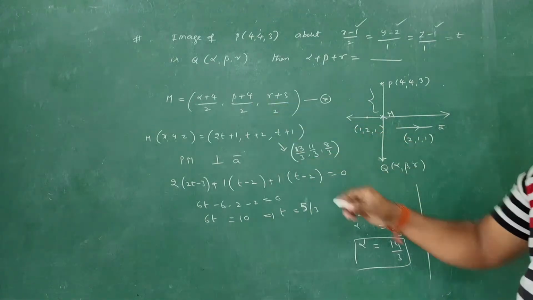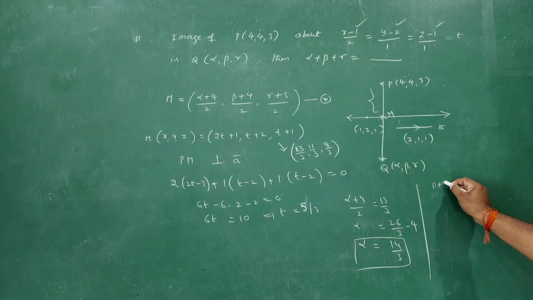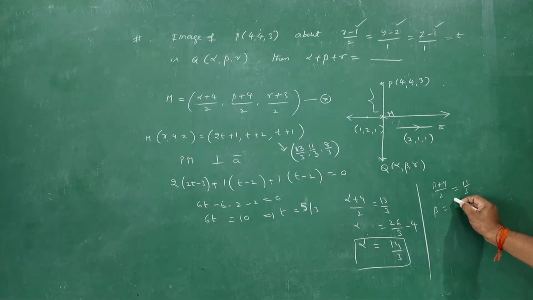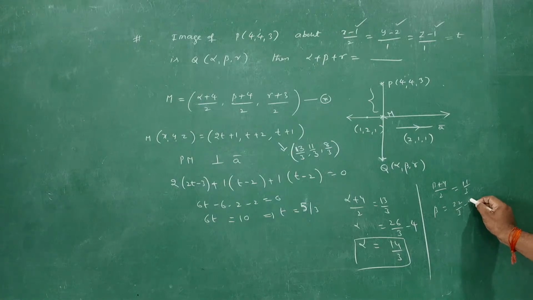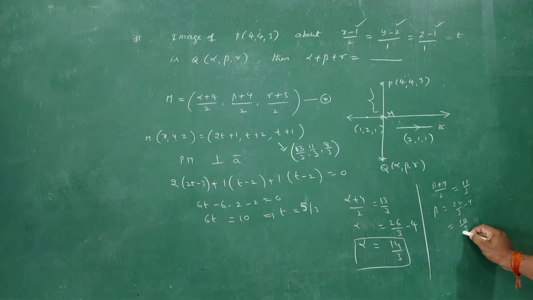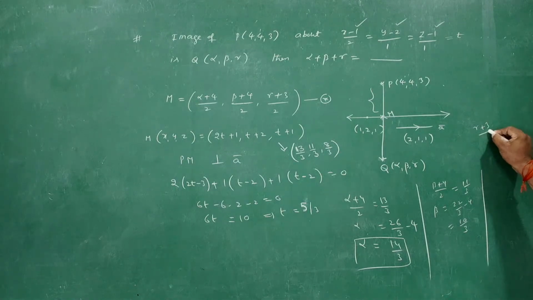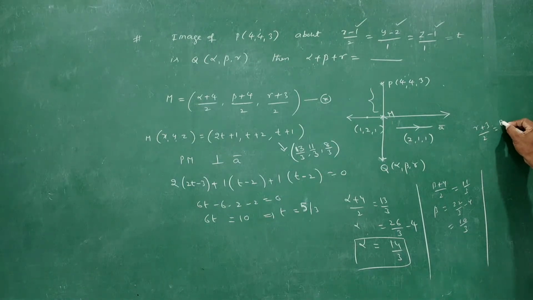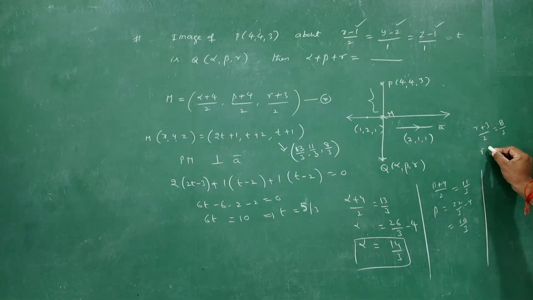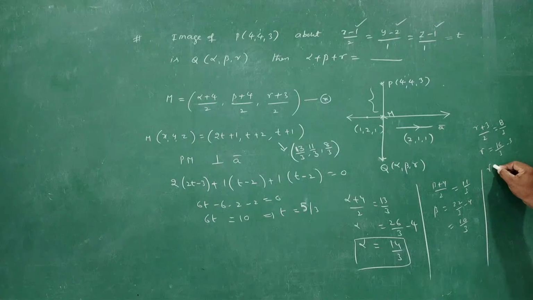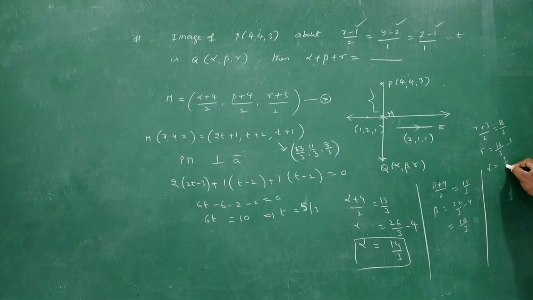See here, beta plus 4 by 2, that is 11 by 3. So beta is written as 22 by 3 minus 4, that is 10 by 3. Next, gamma plus 3 divided by 2, which is equal to 8 by 3. So gamma equal to 16 by 3 minus 3 gives 7 by 3.